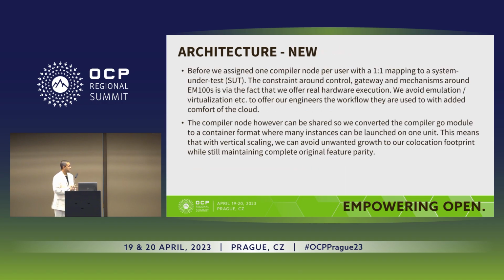The new architecture is interesting, and this is part of the reason for this talk, which is we wanted to get some savings on our colo space. And so we did this really neat thing. As I was telling, most of the system is one-to-one. So because it's live hardware, you don't have a lot of freedom to tweak. But the compiler node offered us an option of making sure that we can sort of share that across these multiple SUTs.